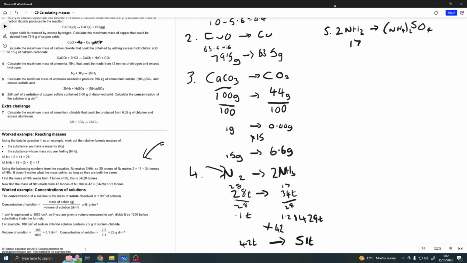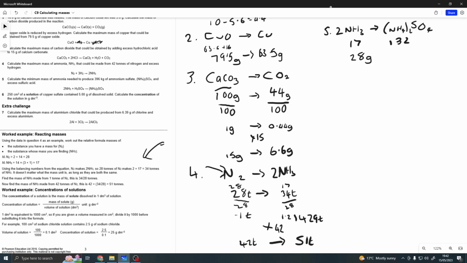We've then got 2 of everything in that bracket, which means we've got 2 times 14 plus 8, because obviously there's 2 times 4 hydrogens, 8 hydrogens. Now that gives me a value, my calculator says, of 132.